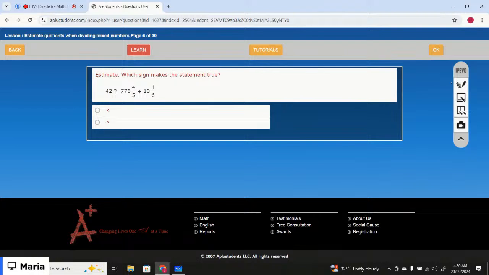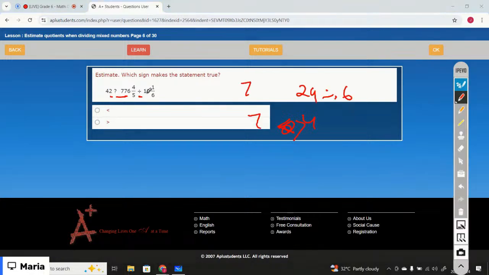Okay, now just look at this one. Here you have 42. You need to compare it to 776 whole 4 by 5 divided by 10 whole 1 by 6, right? So the nearest number that can be divided by 10 easily is 700. So I just converted into 700 divided by 10. This would be estimated to 10 and this would be estimated to 700, right?